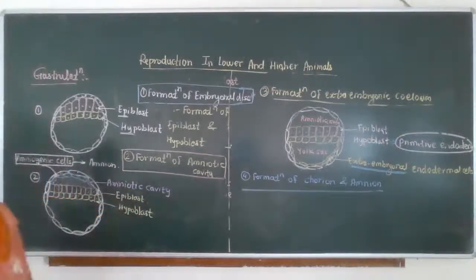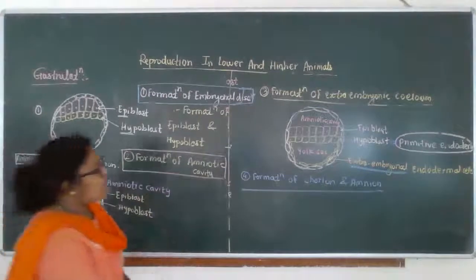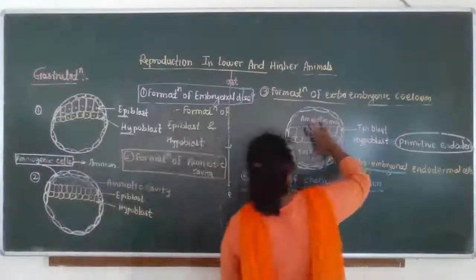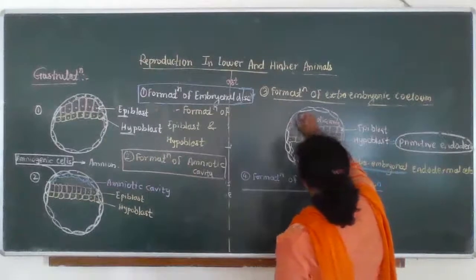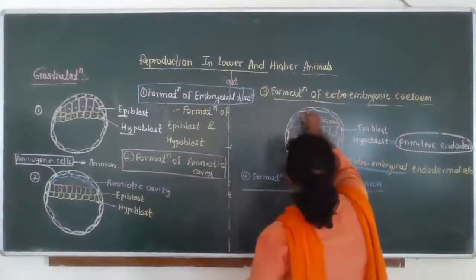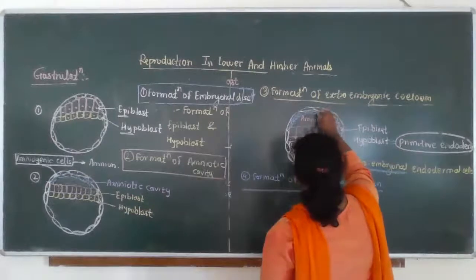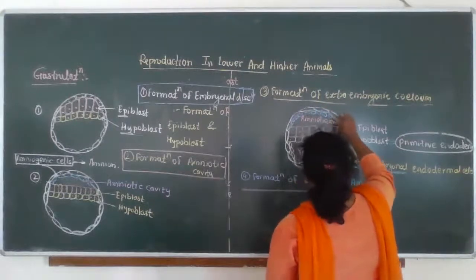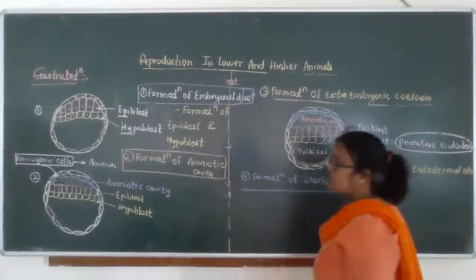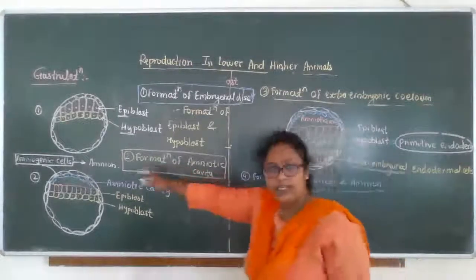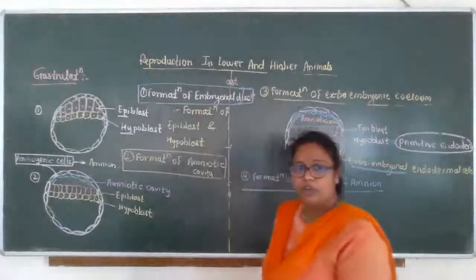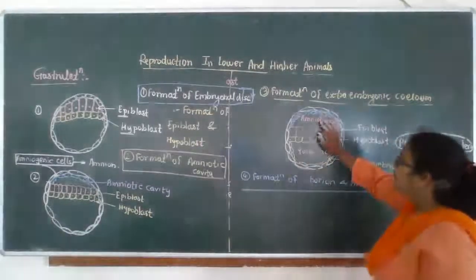Especially, a change occurs as it has two cavities. Here are the cells called amniogenic cells. Genic means synthesis, so they synthesize the amnion and amniotic fluid inside it.